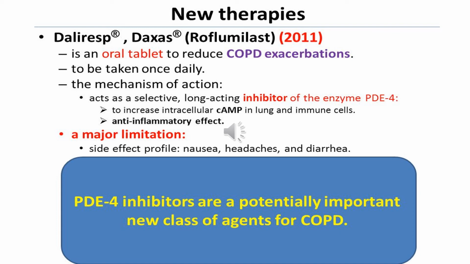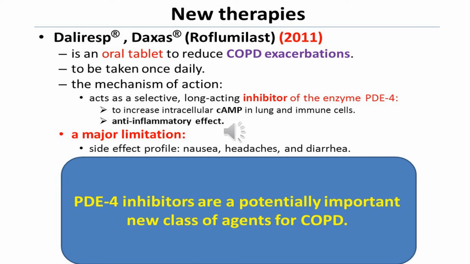Next class, new therapies. Roflumilast, brand name Daxas, is a selective phosphodiesterase 4 inhibitor that decreases systemic and pulmonary inflammation and decreases symptoms in patients with severe chronic obstructive pulmonary disease. The mechanism of action: it acts as a selective long-acting inhibitor of the enzyme PDE4.